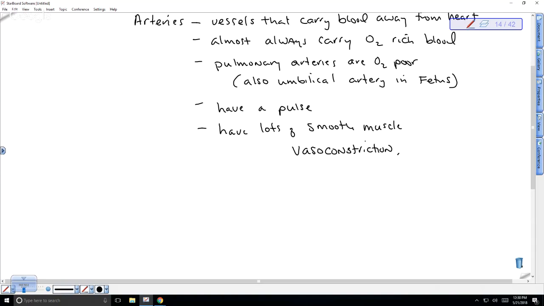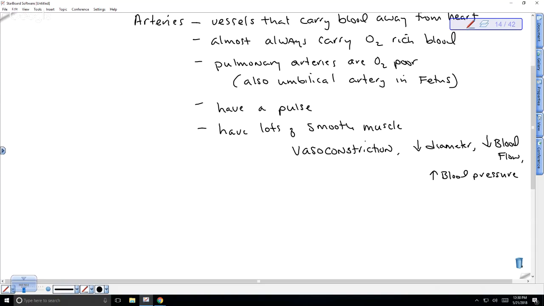And so this would decrease the diameter, and this would decrease blood flow. Because blood, like any other fluid in a system, is going to want to flow the path of least resistance. So vasoconstriction tends to decrease blood flow. But when you constrict the blood vessel, it also increases blood pressure.